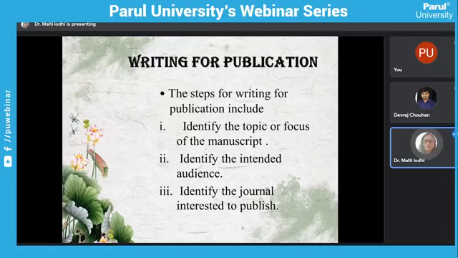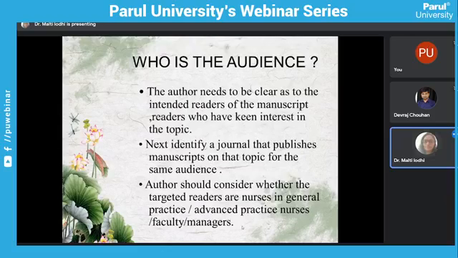Then identify the journals interested to publish. This is the main thing you have to remember before giving your topic for publication. You have to choose the proper, correct journal or way of publication. Now, who will be the audience?